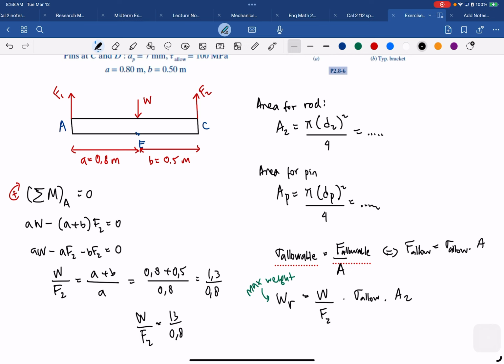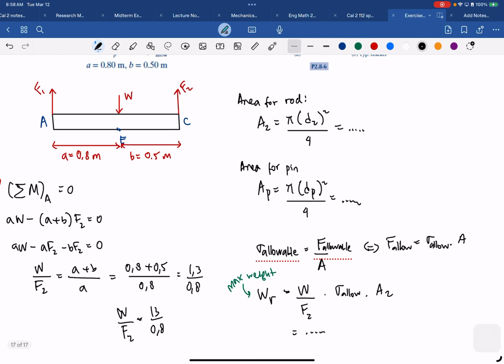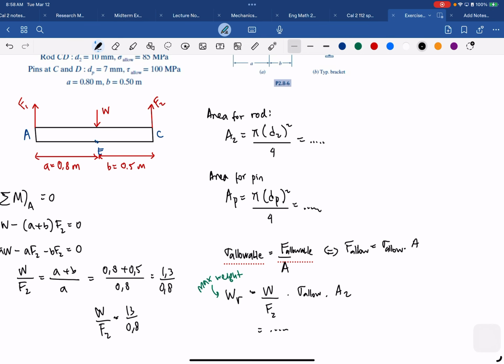Okay, so the ratio will be this, and then we can calculate how much. And then in the pin, we can also calculate the same thing. So this is for the rod; for the pin, the maximum weight for the pin.